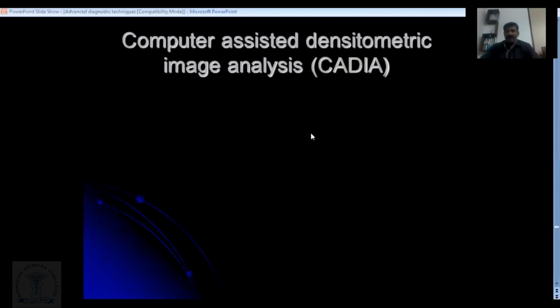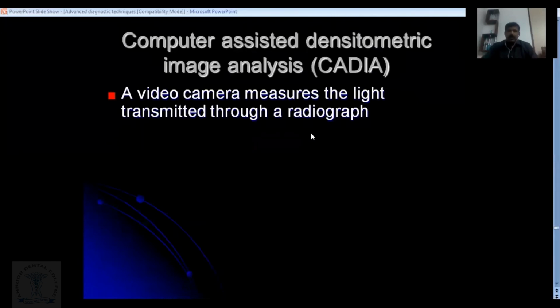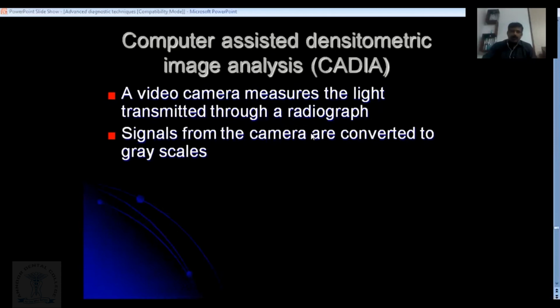Next one is CADIA, or computer assisted densitometric image analysis. Now this is something that you probably have to learn by heart. Here a video camera measures the light that is passing through. You allow light to pass through a radiograph, and you record that with a video camera.